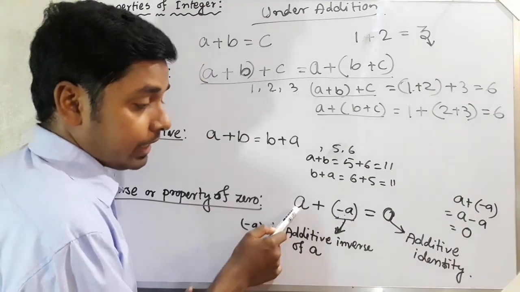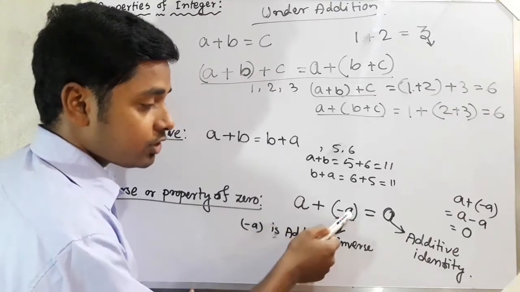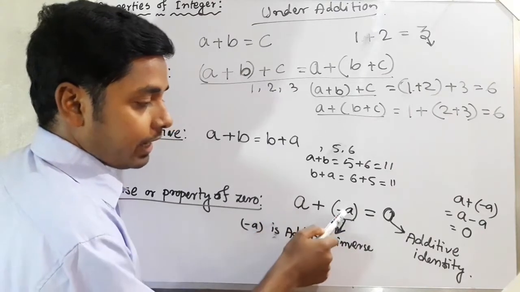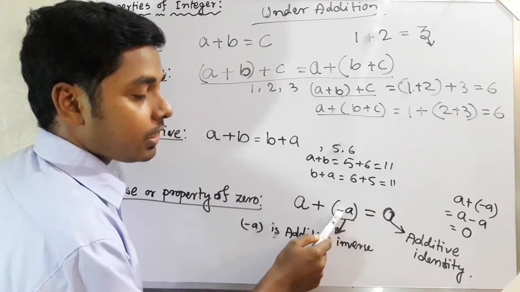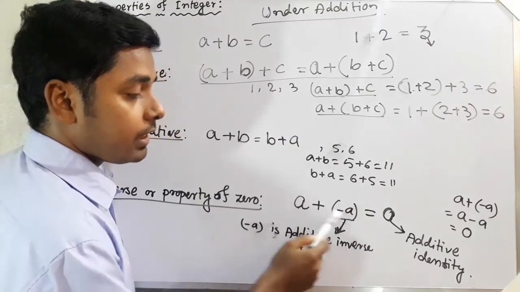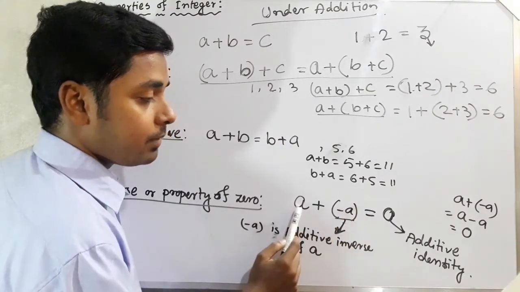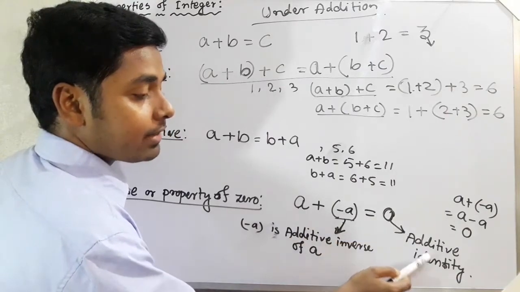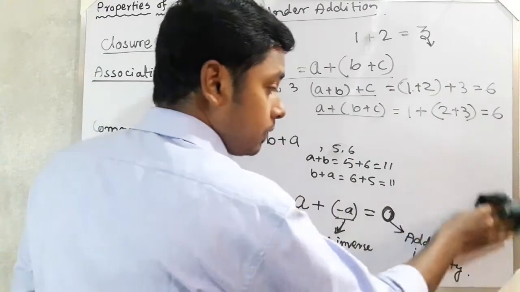Whenever you have a here and you have written a minus a, that means you have changed the sign only. So this is called the additive inverse of a. That means this element will be the additive inverse of this element, and 0 is called additive identity.